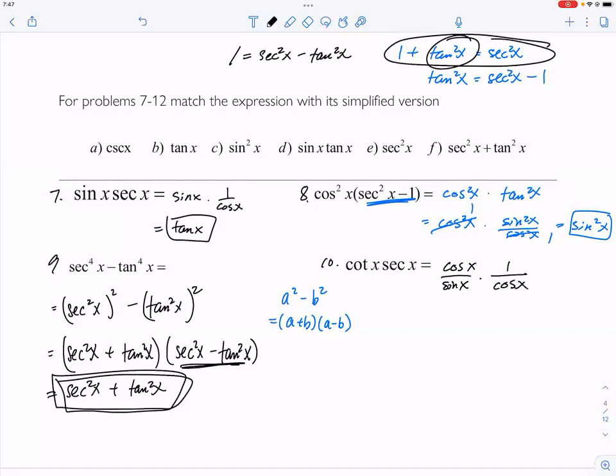Can you see something we can do right there? Oh, hey, we can cancel things out. So we have 1 over sine x, which is essentially cosecant x. Very straightforward. So that will be our choice A.